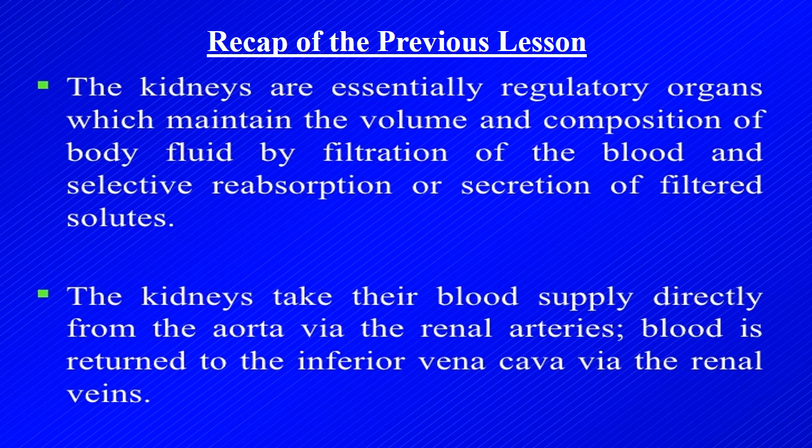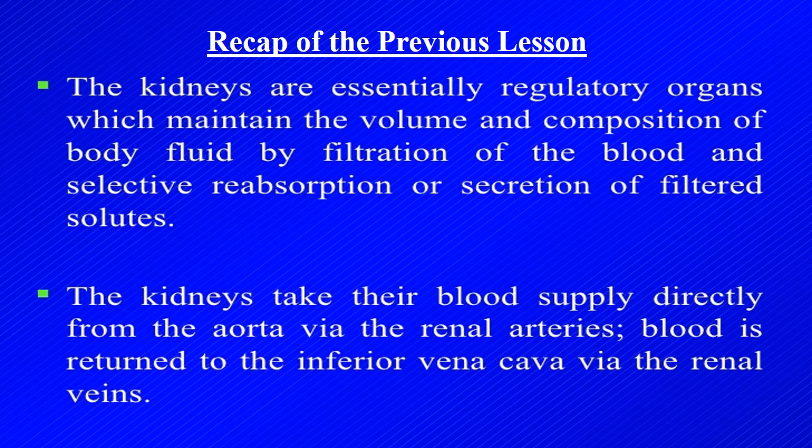Recap of the previous lesson. In the previous lesson, we have done that the kidneys are essentially the regulatory organs which maintain the volume and composition of the body fluid by filtration of the blood and selective absorption or secretion of the filtered solute. The kidneys take their blood supply directly from the aorta via the renal arteries.